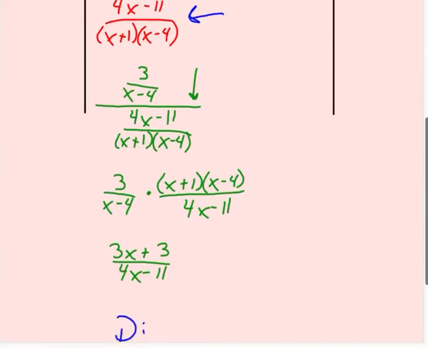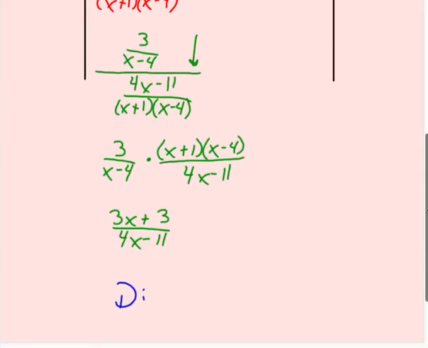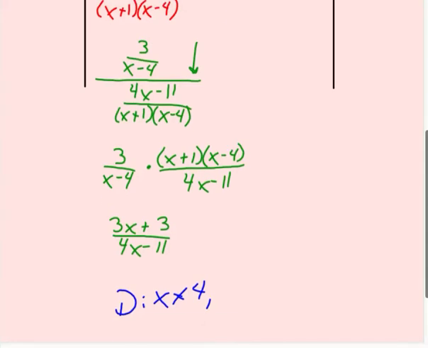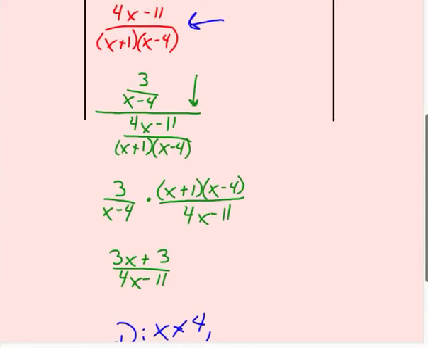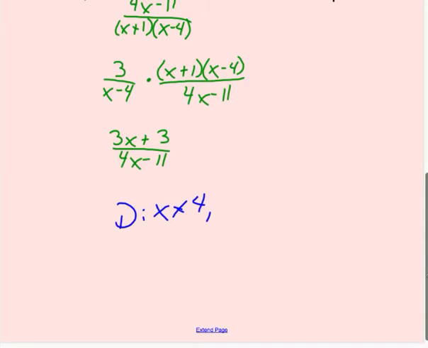So the denominator of our original fraction was x minus 4, so x cannot equal 4. The numerator of the simplified denominator is 4x minus 11, so x cannot equal 11/4. And the denominator was that quantity x plus 1, x minus 4, so x cannot equal negative 1 as well.